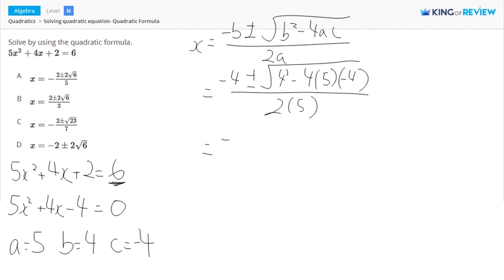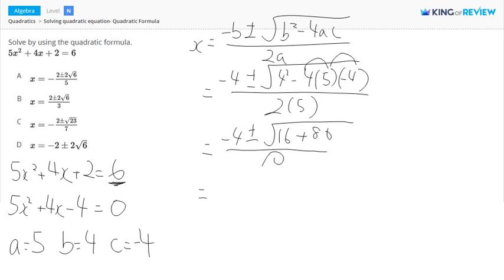And then negative 4 plus or minus the square root of 4 squared, which is 16, minus 4 times 5, which is negative 20, times negative 4, which is plus 80, over 2 times 5, which is 10.